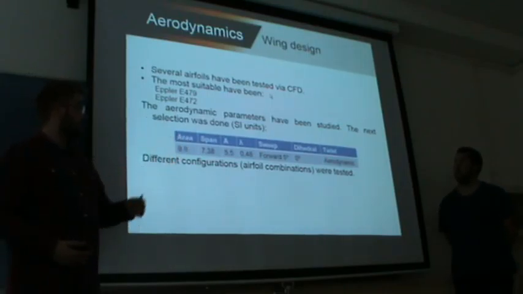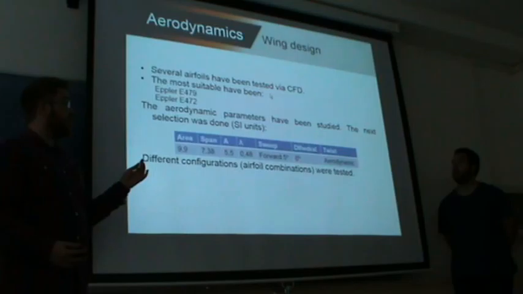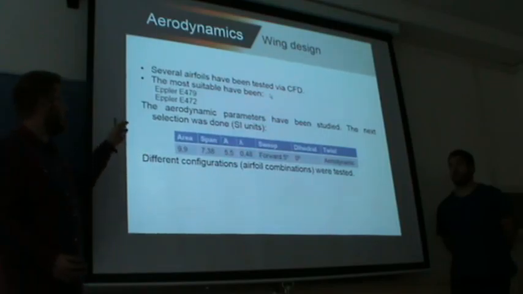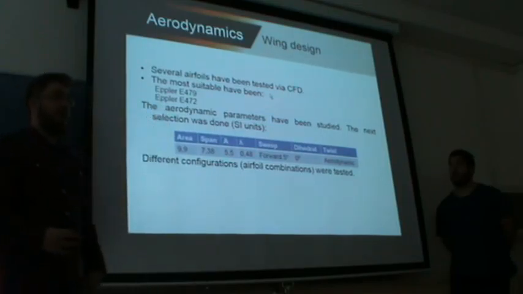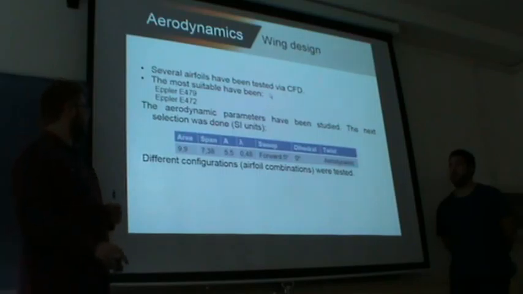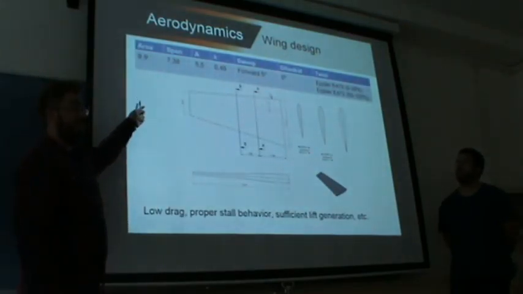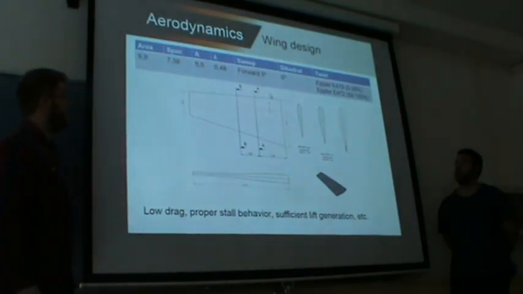But we can play with the aerodynamic twist. We have come to several solutions by modifying the position of the different profiles, the different airfoils, and where those are put in the span. That gives us this final solution, that is our wing.